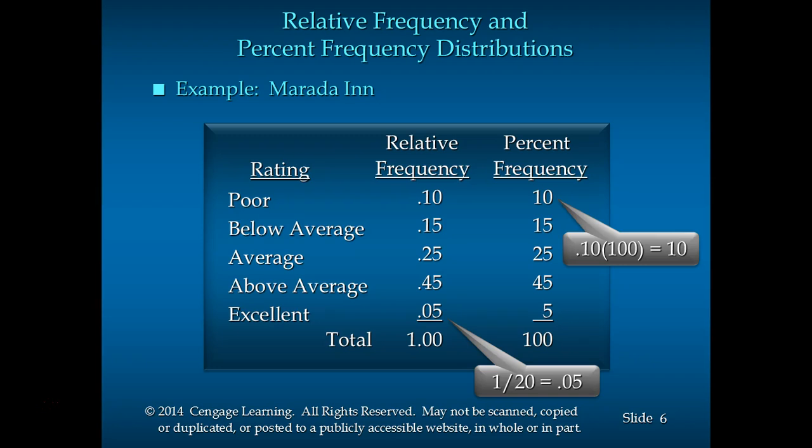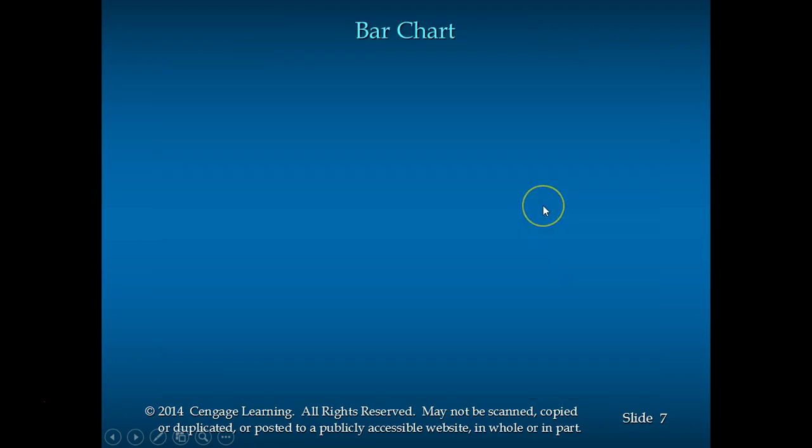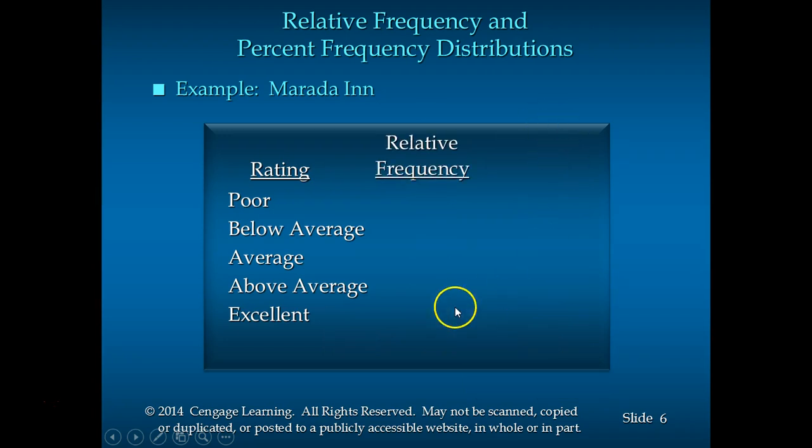For example, if 2 people ranked as poor, you multiply by 5 and get 10. Below average, 3 people said below average. Excellent, 1 person. So you multiply by 5 to get up to 100. And this is frequency.